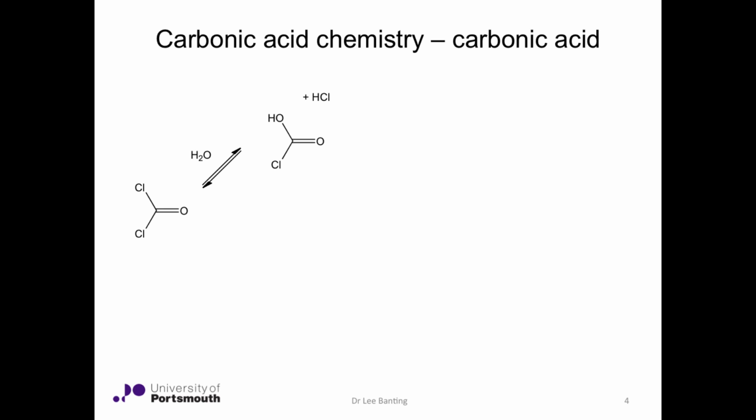Okay, we're going to start from some chemistry that I hope you'll have a feeling for, which is the chemistry of phosgene. Now, phosgene is a chlorinated version of carbonic acid, and phosgene is more stable than carbonic acid, and you'll see why that might be the case in a moment.